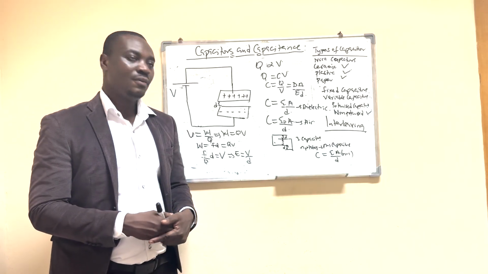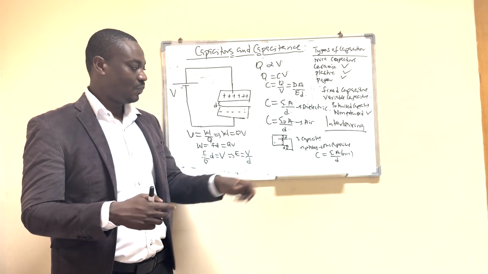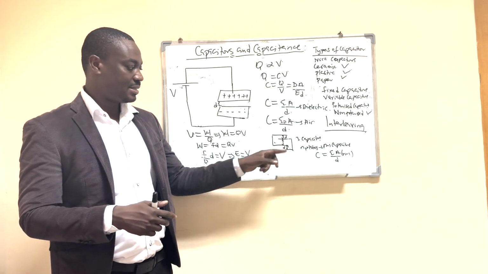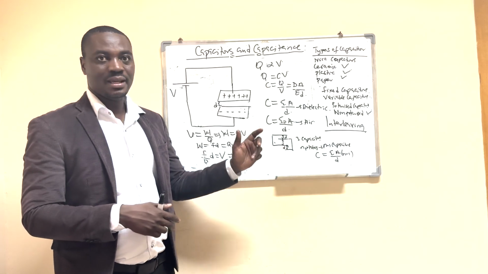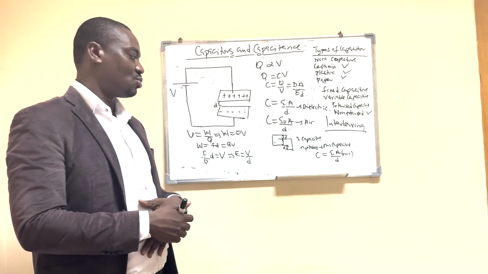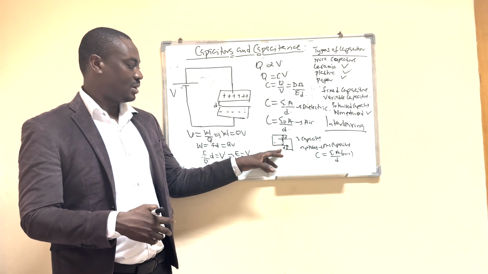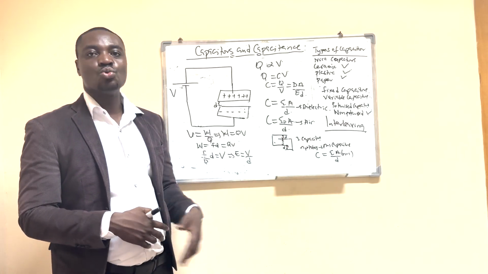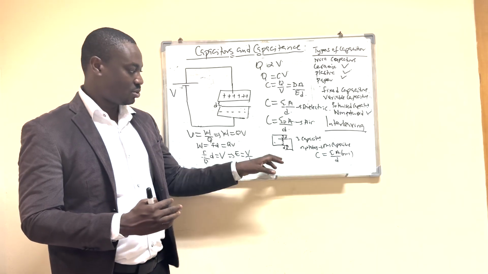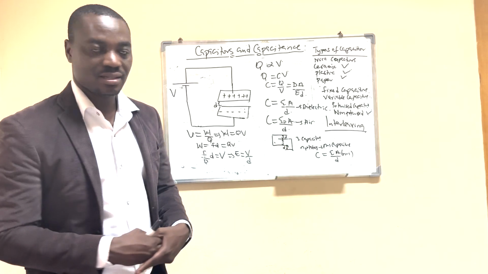If you were to insert them into each other, like you can see there, I have 4 plates in this regard. If they were individual, you get 2 capacitors, right? But since they are now interleaved, I can get 3 capacitors because each 2 plates will give me a capacitor.